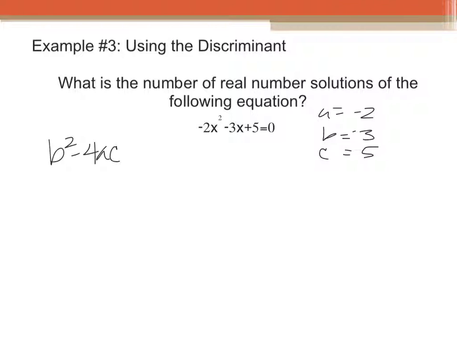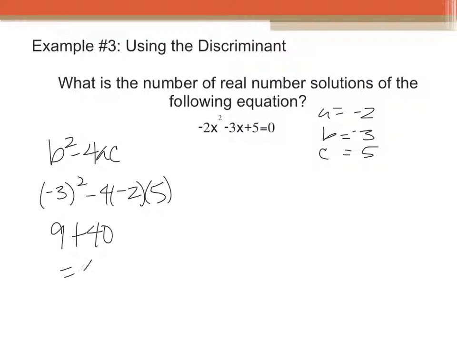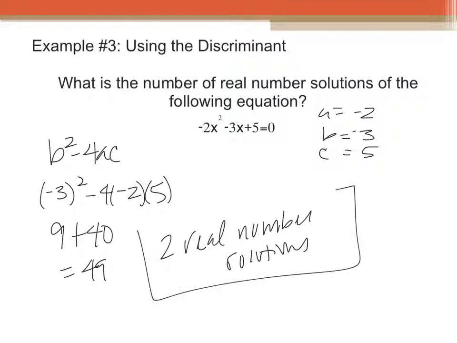So all we're going to do is substitute. b squared would be -3 squared minus 4 times a, which is -2, times c, which is 5. -3 squared is 9. -4 times -2 is +8, and +8 times 5 is 40. We know that's going to be positive. So remember, if it's positive, that means there are 2 real number solutions. And we're done.